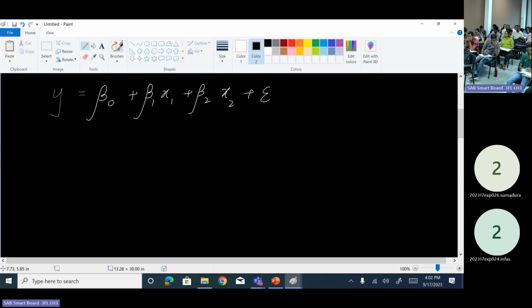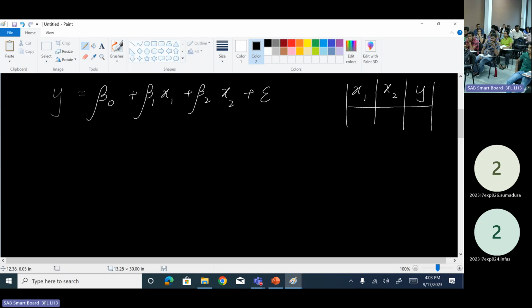So that's our model. Three unknowns are there: beta naught, beta 1, beta 2. So we need three equations. How do we get the equations? What are the things we know? x1 will be given, x2 will be given, y will be given.